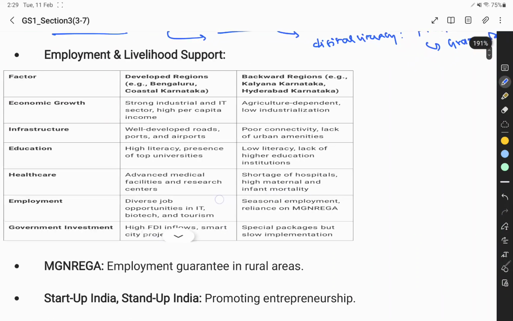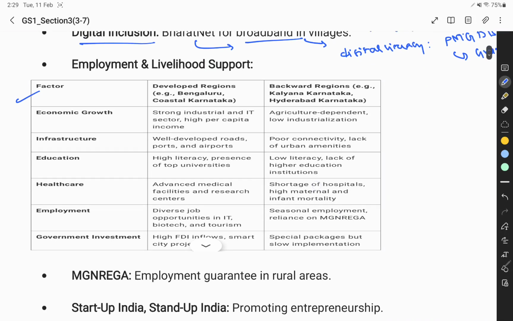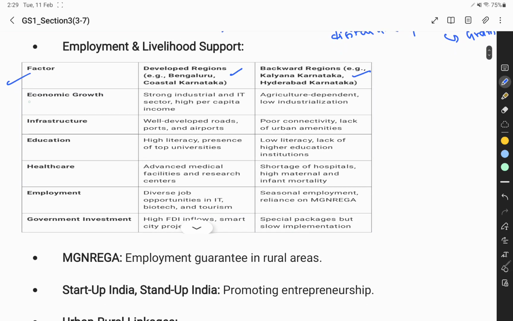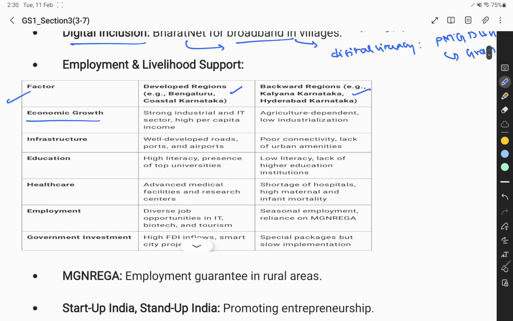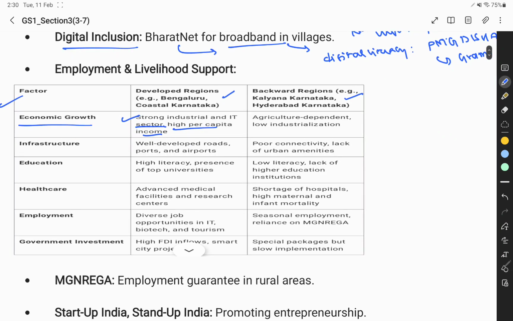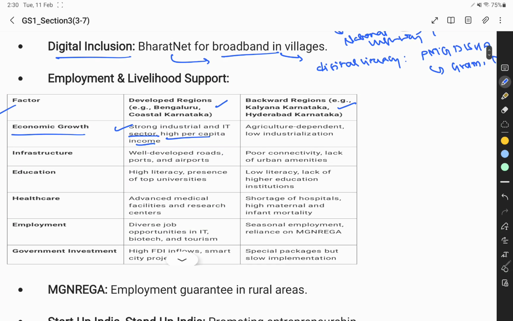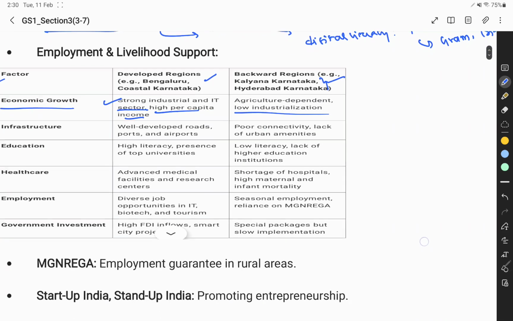Then for employment and livelihood support, we compare developed regions and backward regions. In developed regions, economic growth is strong, supported by the strong industrial and IT sector, with high per capita income. In backward regions like Kalyana Karnataka, the Hyderabad Karnataka, both are the same, we have agriculture development and low industrialization.